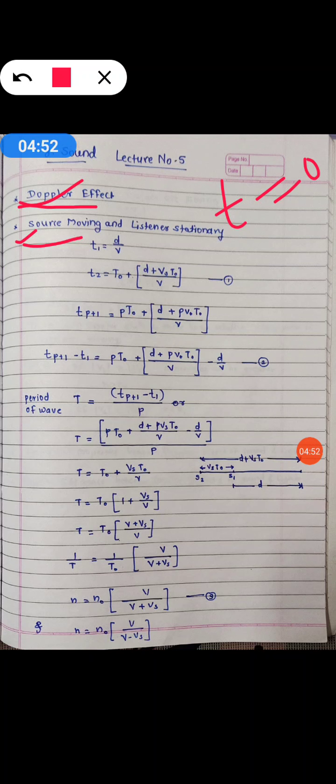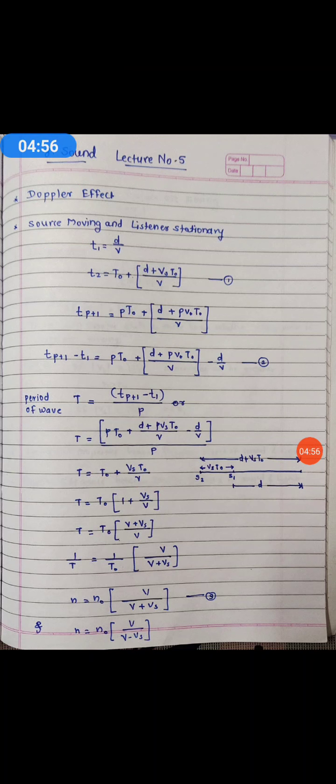Where is the source? At point S1. Here the source is at point S1 and emits the crest at distance d from the listener. Now the crest produced by S1 reaches L1 at time t1.